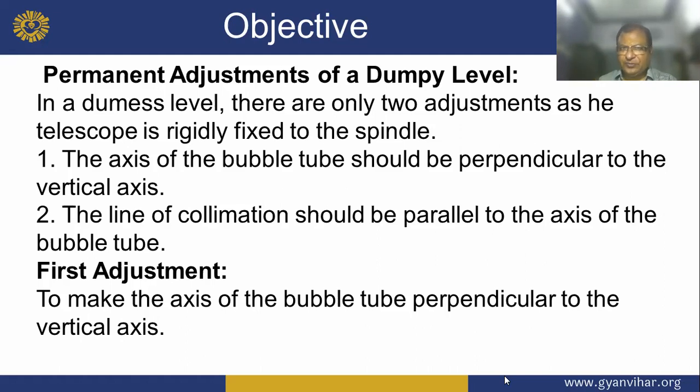As the telescope is rigidly fixed to the spindle, the axis of the bubble tube should be perpendicular to the vertical axis, and the line of collimation should be parallel to the axis of the bubble tube. Have you understood?